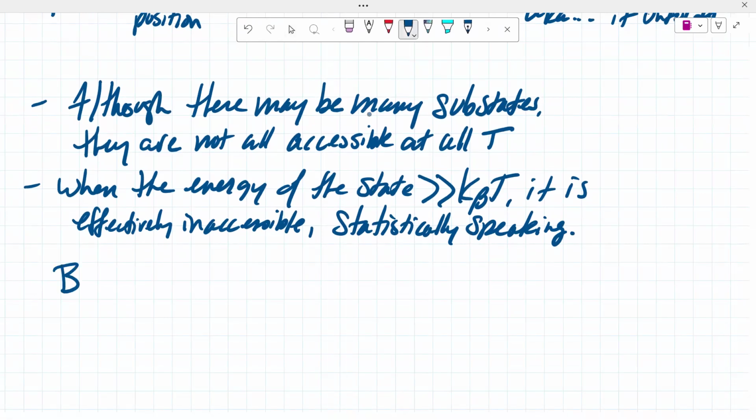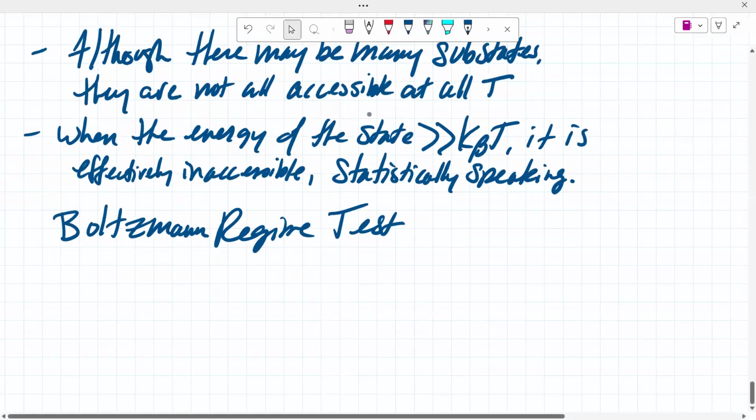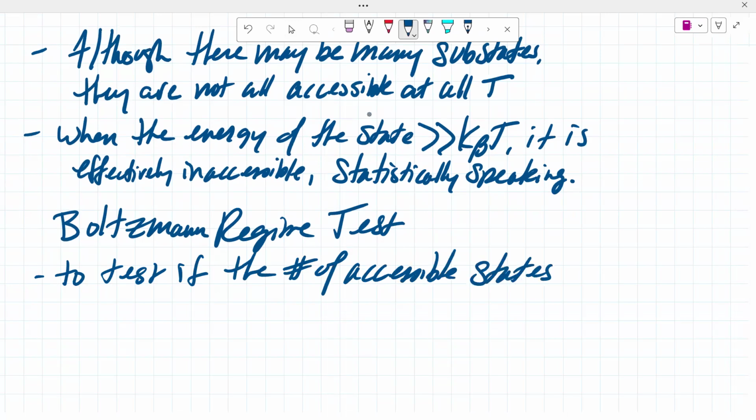So the Boltzmann regime tests if the number of accessible states is greater than the number of particles.